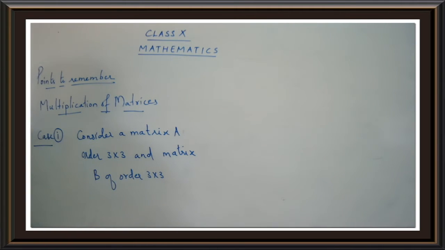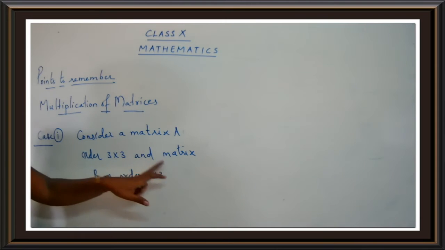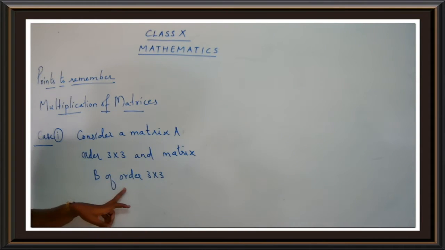So you are going to consider two matrices. One is A with the order 3 cross 3 and one more matrix B which is of order 3 cross 3 again. Okay, so we have two 3 cross 3 matrices.